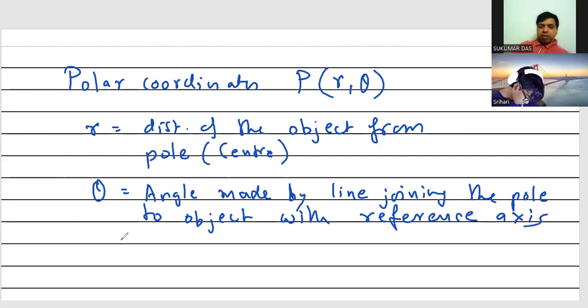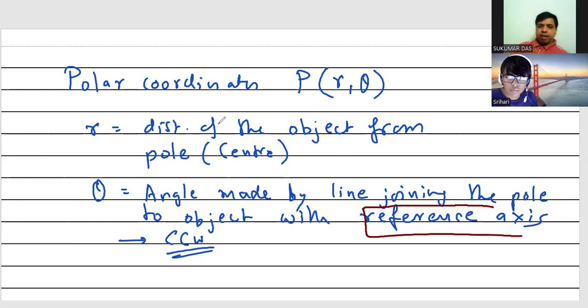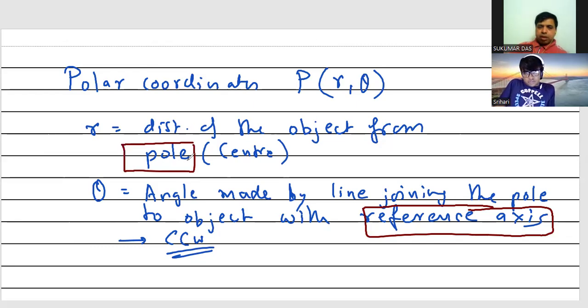And it is always calculated in the counterclockwise direction. Always. So that means in the polar coordinate system, we will have one reference axis and one pole. And based on these two, we have to specify our r, that is radius, and the angle.